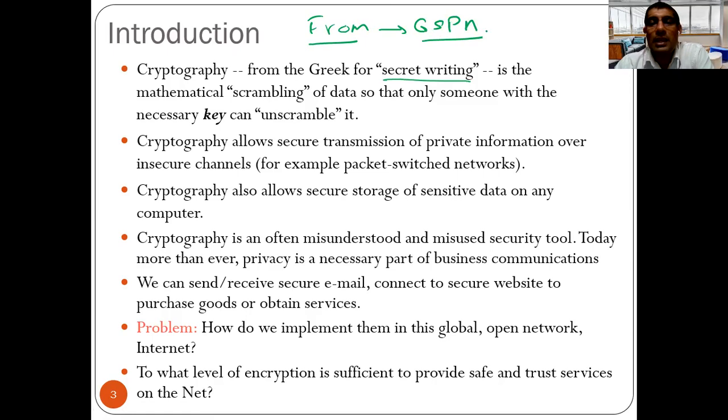So I'm sending GSPN, but this stands for "from". I took a small example, just a simple letter shift. So now this is what we call secret writing. We call it scrambling the data. So these are scrambling techniques. That technique we call a key, or some people call it an algorithm.